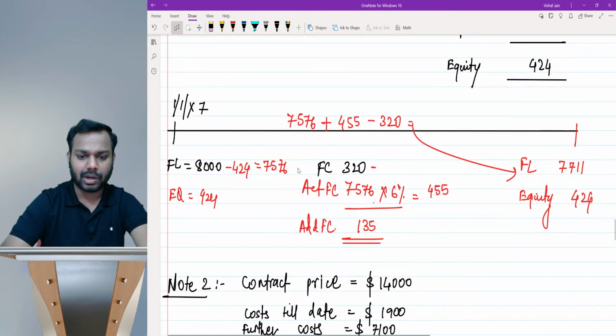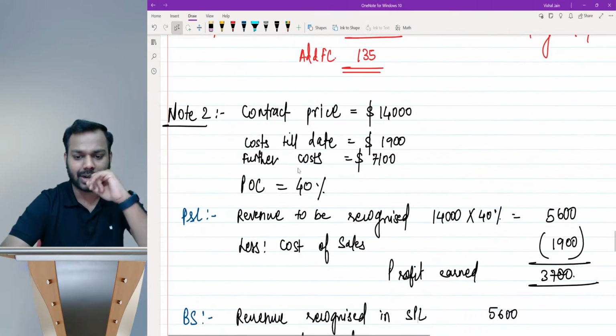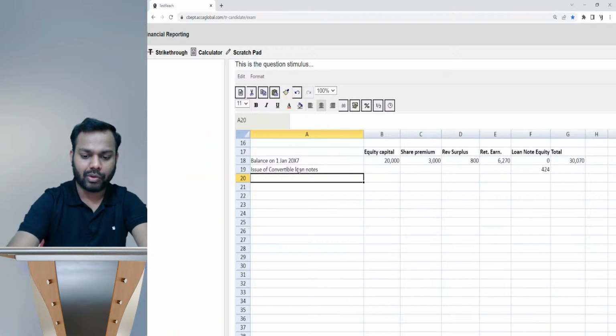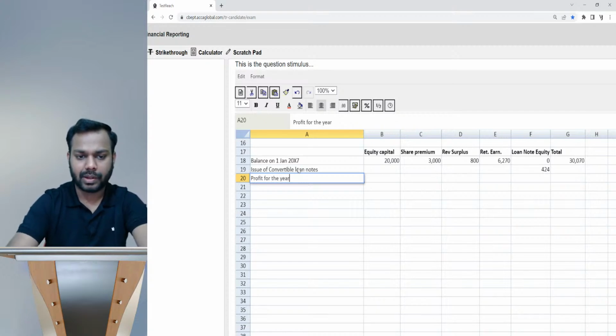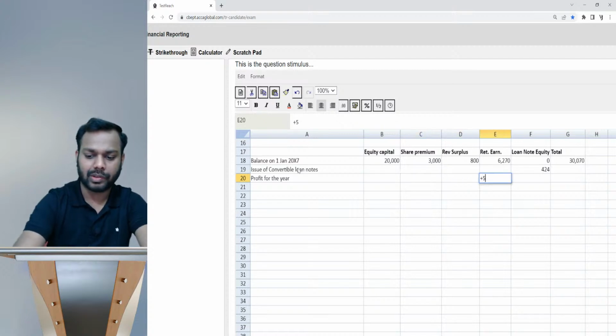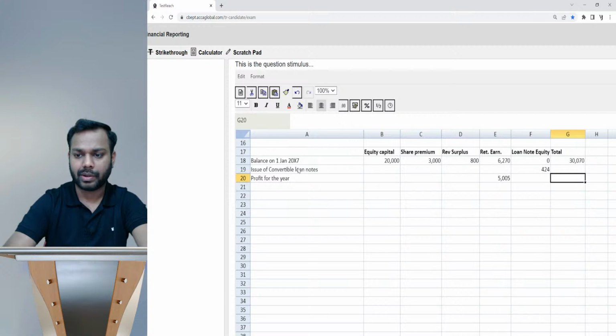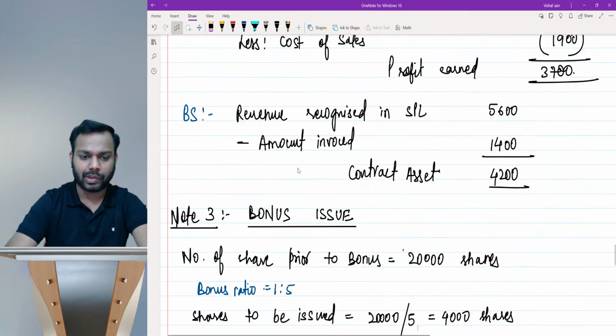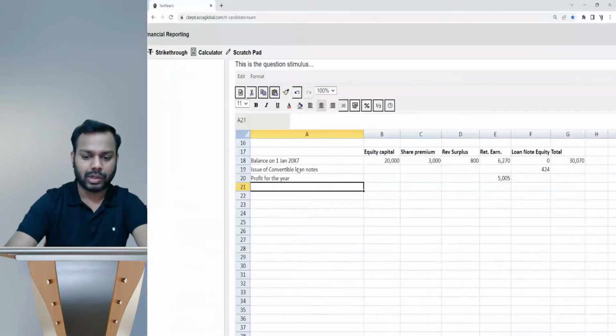Now coming on to note number 2. Any adjustment done in SOCIE? No, right? Now you can write here profit for the year. Profit for the year is how much? 5,005 is the profit for the year, right? Then comes note 3, a bonus issue, so issue of bonus shares.